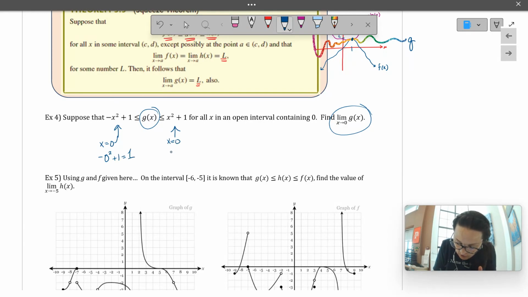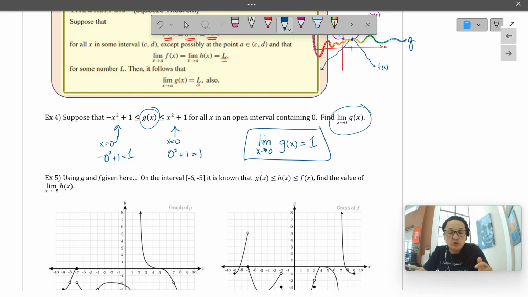And if I plug 0 into there, I get 0 squared plus 1, which is 1. Well, if g is between 1 and 1, guess what? The limit of g better also go to 1. It's just common sense.